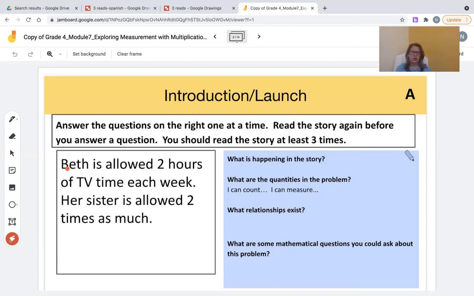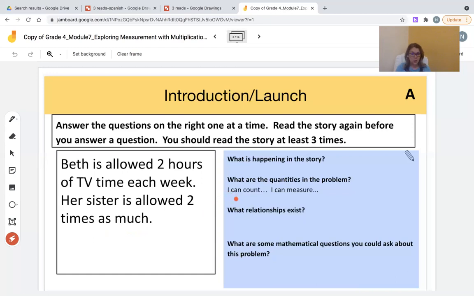Read 2. Beth is allowed 2 hours of TV time each week. Her sister is allowed 2 times as much. What are the quantities in the problem? Students and scholars, answer these sentence frames.